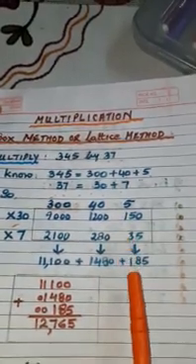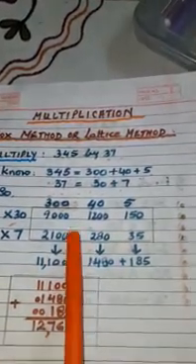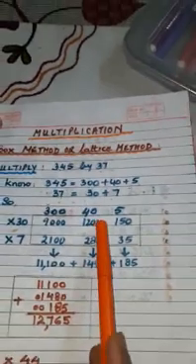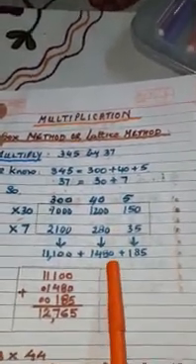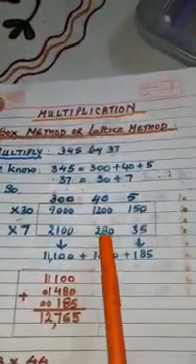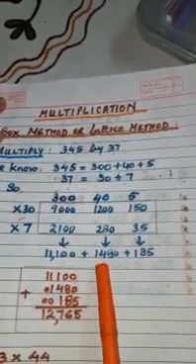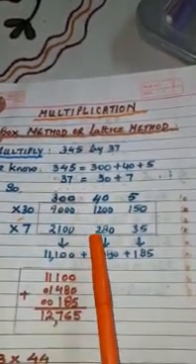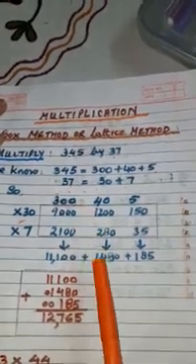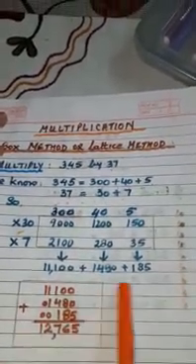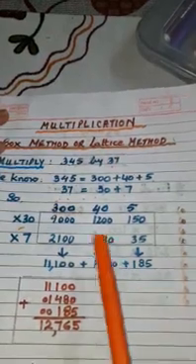So 1 plus 0, 1. Now we are going to add the next row. 0 plus 0, 0. 0 plus 8, 8. Now what is 2 plus 2? 4. And here is 1. No number. So 1 plus 0, 1. Very simple addition that you know it very well.